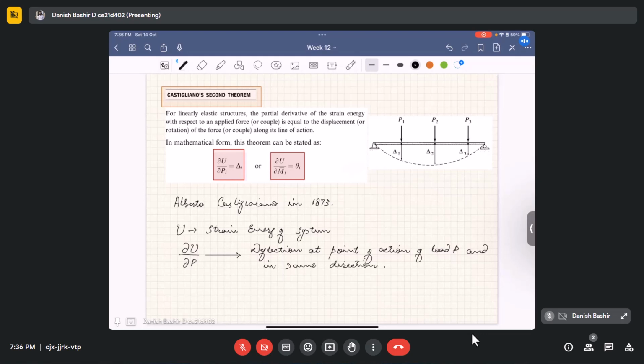And another thing is, if U is the strain energy of our system, and we take the partial derivative with respect to a particular couple M-bar acting on our structure at a particular point, what we will get is the slope, the rotation at the point of action of couple M-bar, and in the same sense.